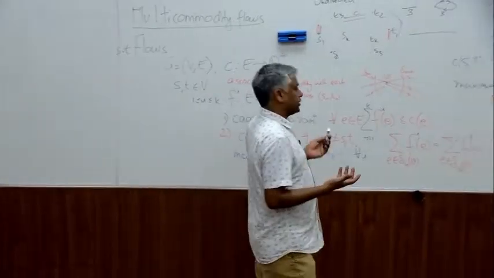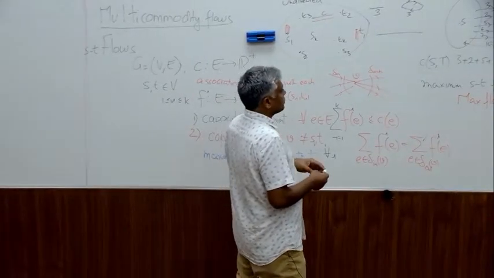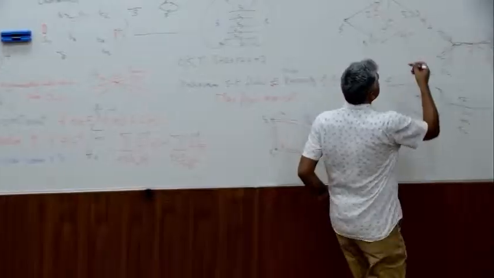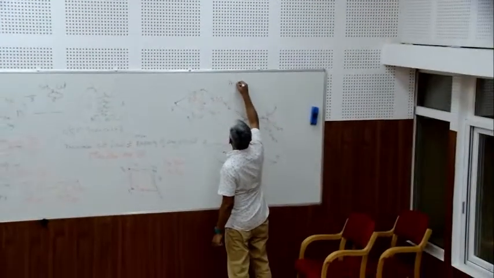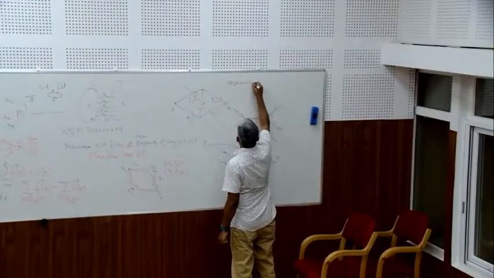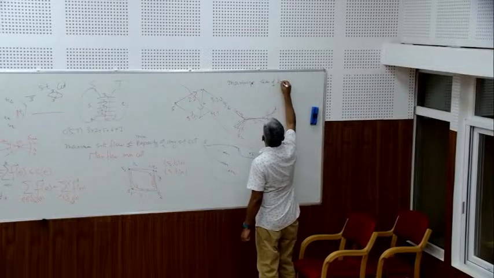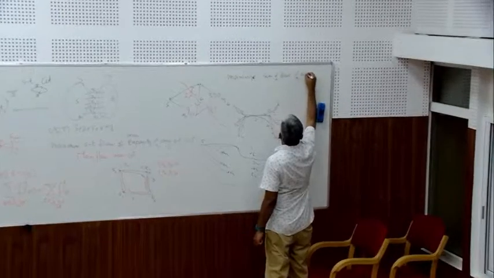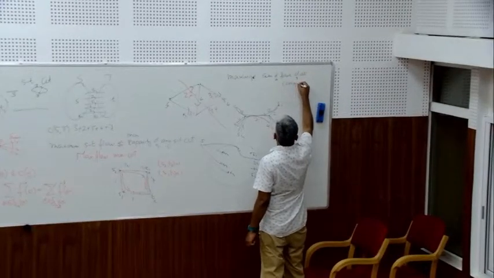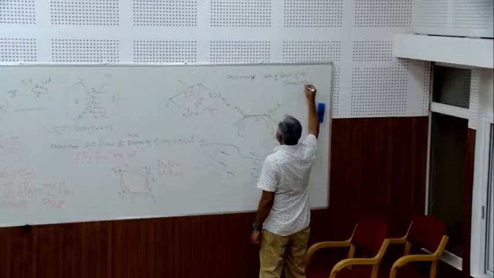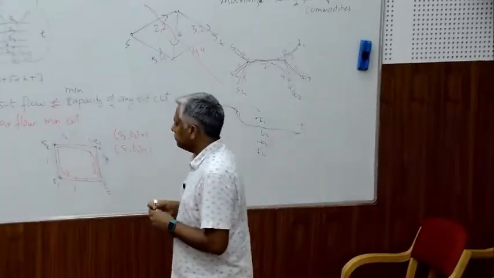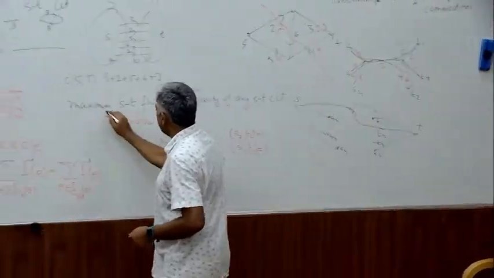So now the question is obviously: suppose we consider, in this lecture, only the maximization version of multi-commodity flow. Maximize the sum of flows of all commodities. So that's called the maximization version. And now the obvious question would be, is there a corresponding relation?